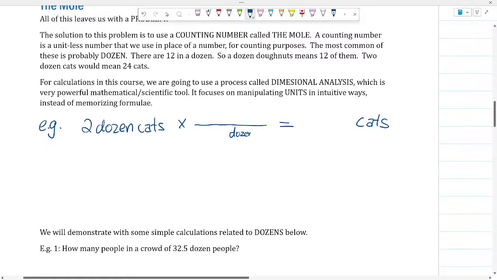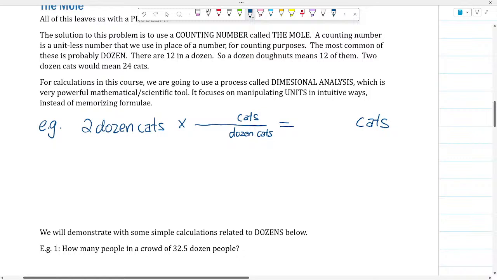In this case, I want to get rid of the unit of dozens of cats. And then on the top, we're going to multiply by the unit we do want. And in this case, the unit we do want is just cats. Now, this is a stupid example of units, but the next example we're going to do is not stupid.